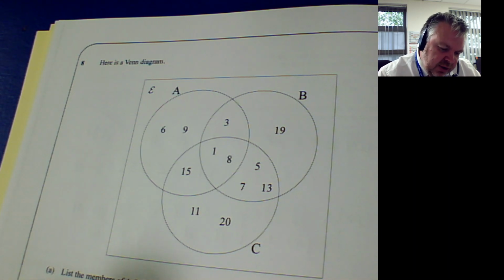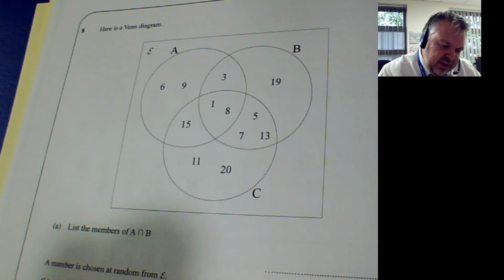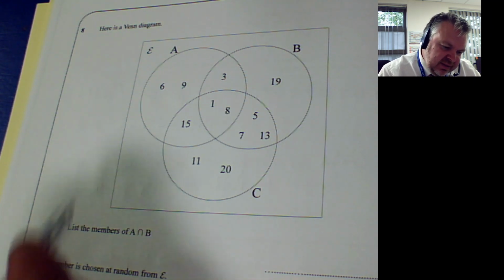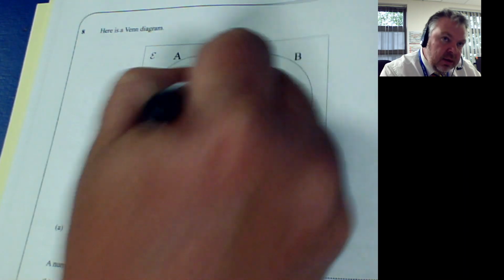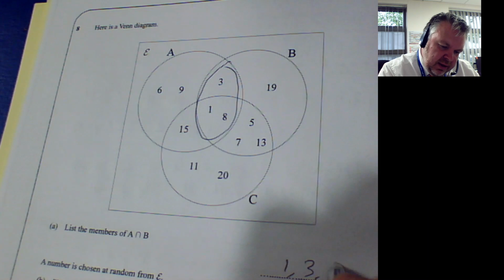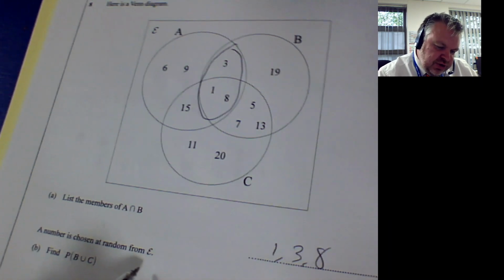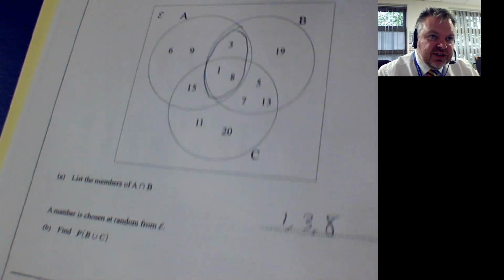So list the members of A and B. The things that are in both A and in B are here: 1, 3 and 8. They're both in A and they're in B. A number is chosen at random from the universal set.